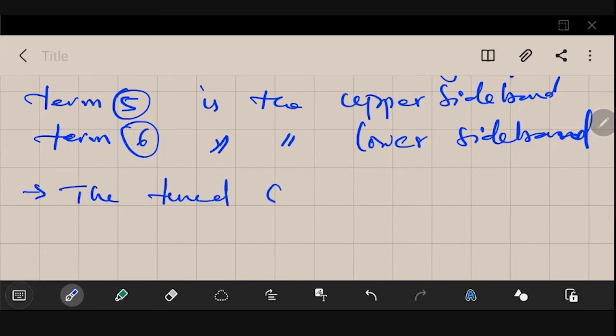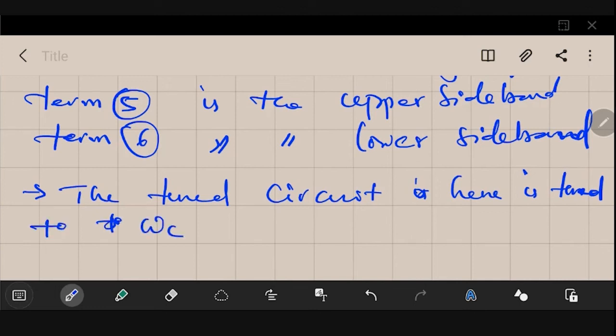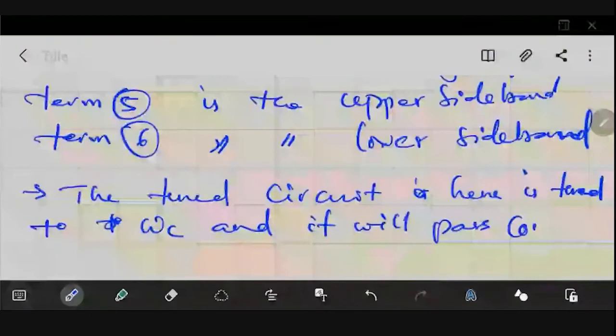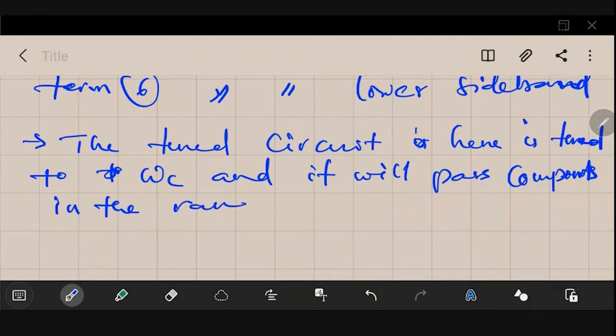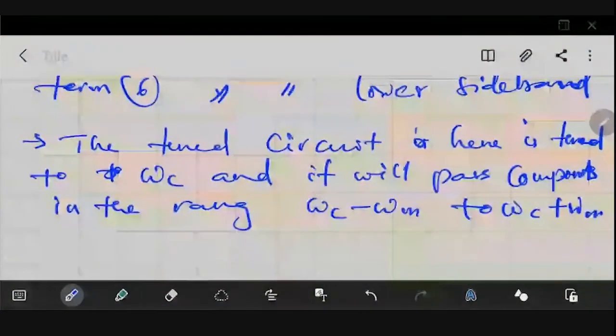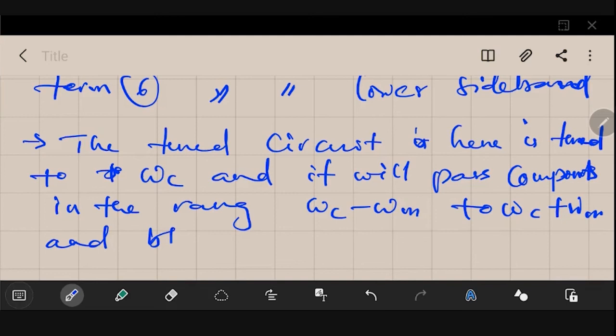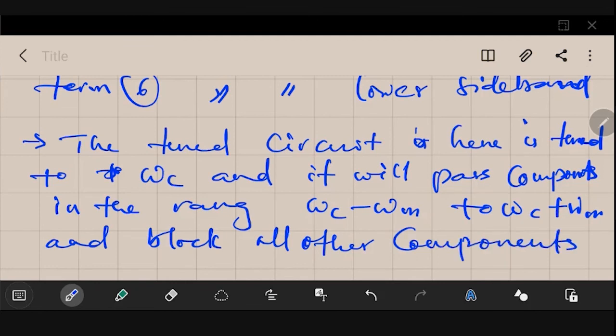The tuned circuit here is tuned to your omega c, which is basically the carrier frequency, and it will pass components in the range omega c minus omega m to omega c plus omega m. And it will block all other components.